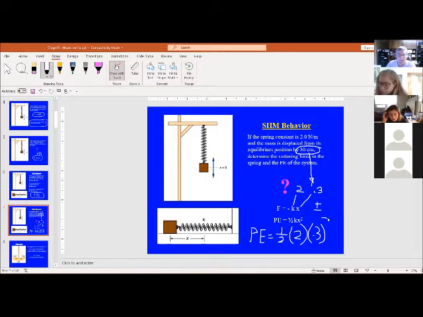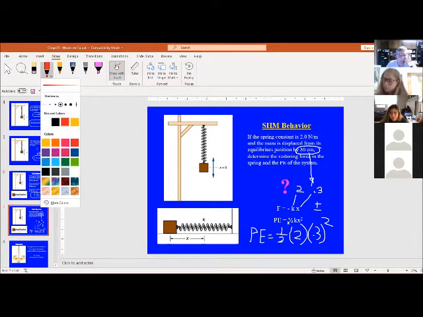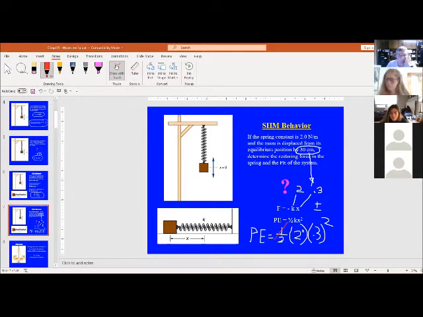Oh, wait, no, because I did not divide it by 2, it'd be 0.9. No, but you're closer. 0.3. Oh, it's squared. Okay, 0.09. 0.09 joules, right? 0.09 joules. Okay, we're cooking.